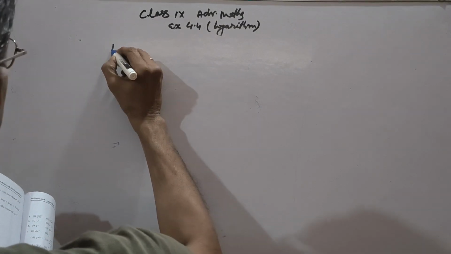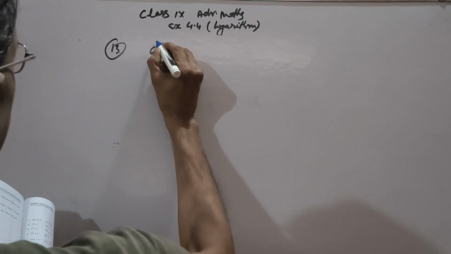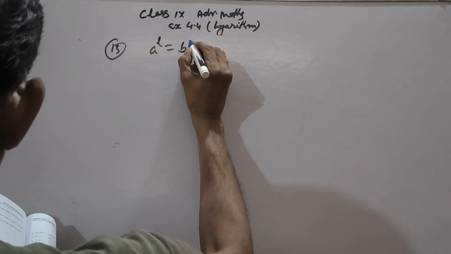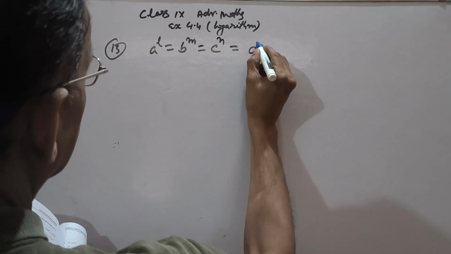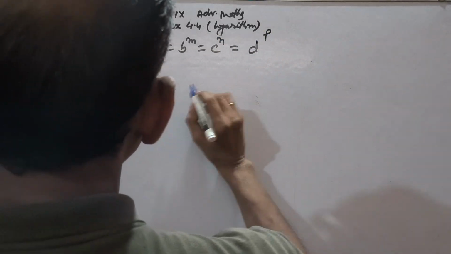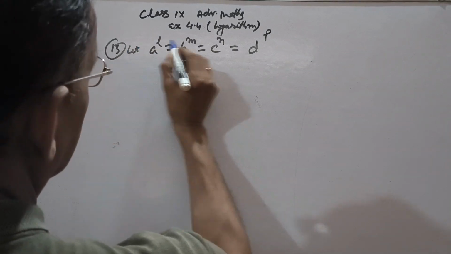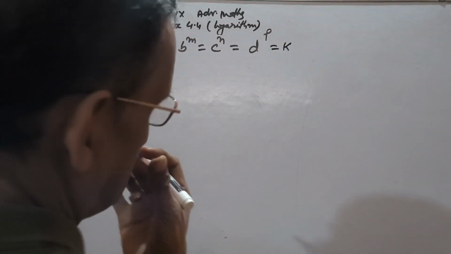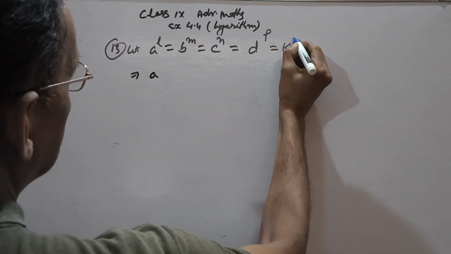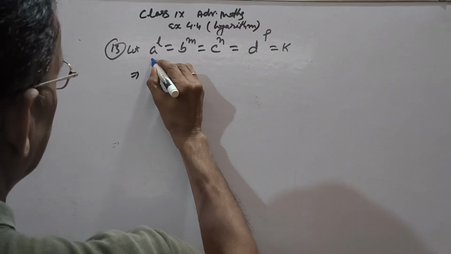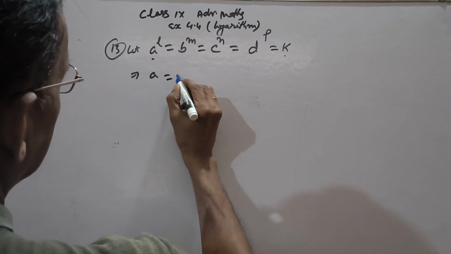Number 13. What is given? A to the power L equal to B to the power M equal to C to the power N equal to D to the power P. This is given, so let this equal to K, laws of indices. What is A equal to? K to the power 1 by L. When we find A from these relations, what do we get?